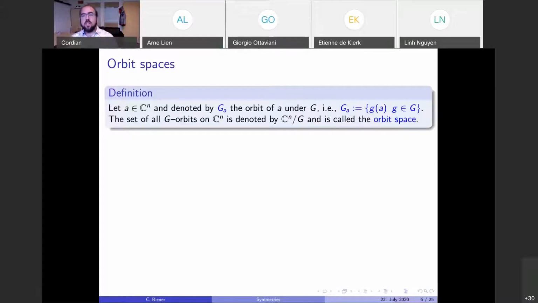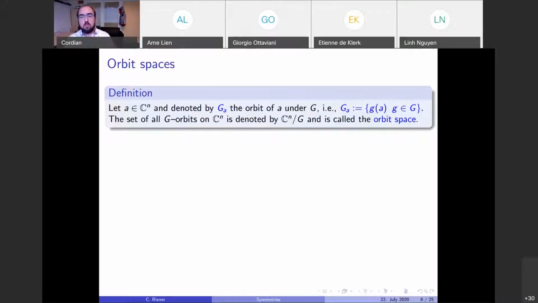Now let's come to what I call the orbit spaces. When I take a point a in C^n, I can look at its orbit Ga, which is all the elements that are reached from a by having G act on a.